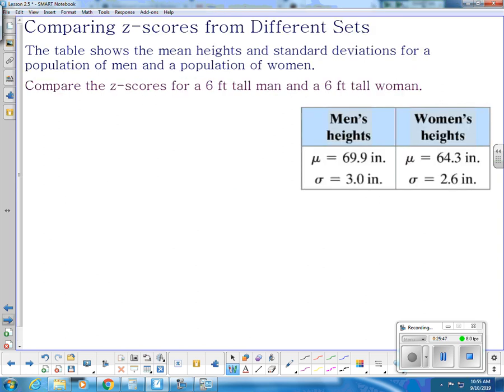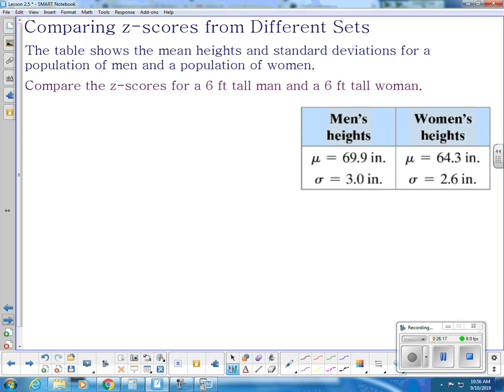So find these z-scores. Z-scores are used to compare two different types of people. If you had a 6-foot-tall woman and a 6-foot-tall man, you can't say, oh, well, they're pretty much the same. I mean, they're the same height, but are they the same? Because 6 foot is kind of tall for a woman. All right, so figure out the standard deviations. That's what you compare when you want to compare apples and oranges. So z-scores is what you need.